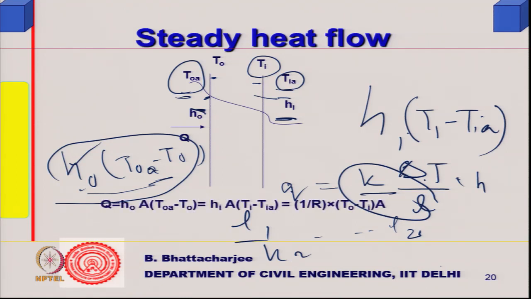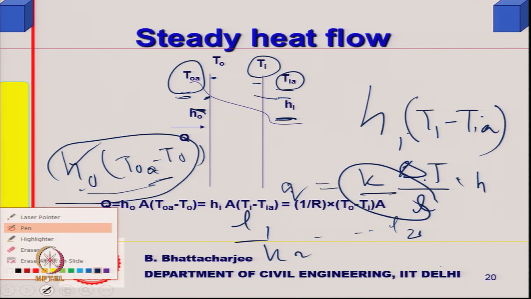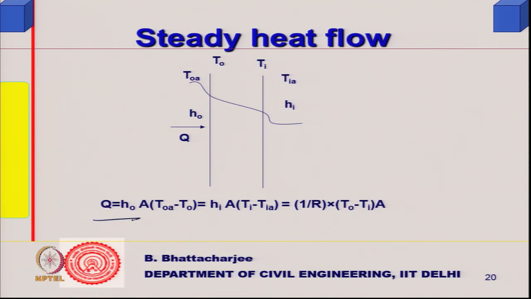So when I take that into account and try to find Q again, I will have HO into (TOA minus TO), and HI, because the same heat is passing through this. So I have to take account of that also. Q must be equal to 1 by R into (TO minus TI).